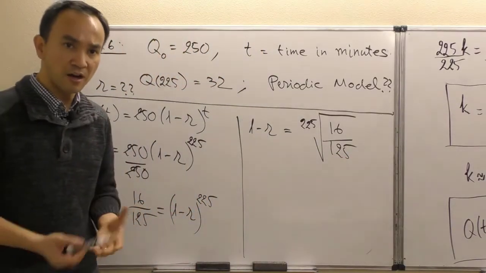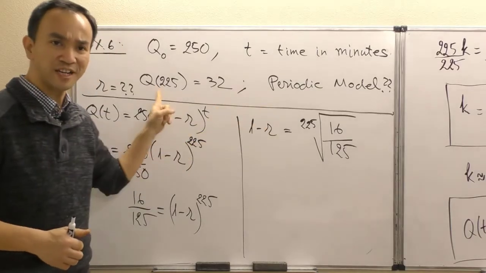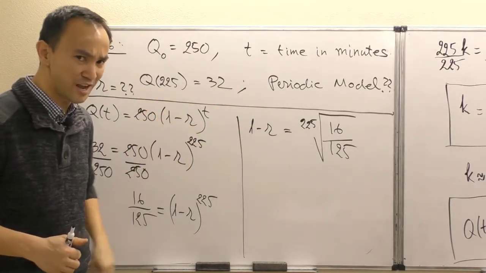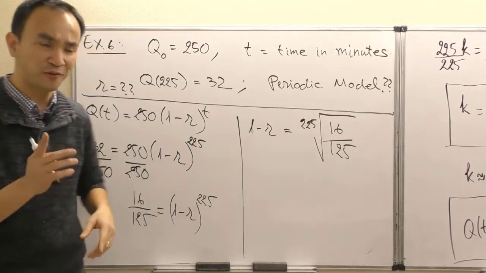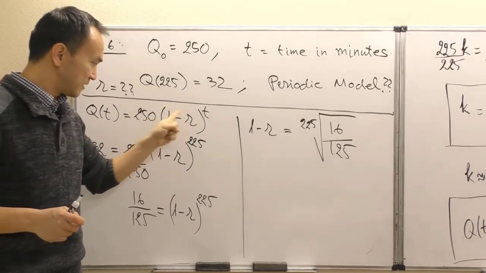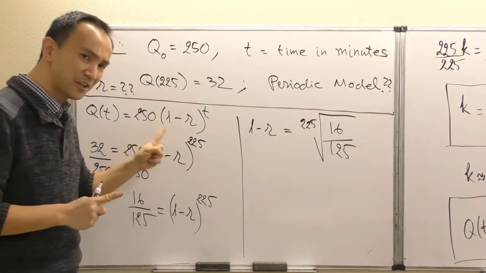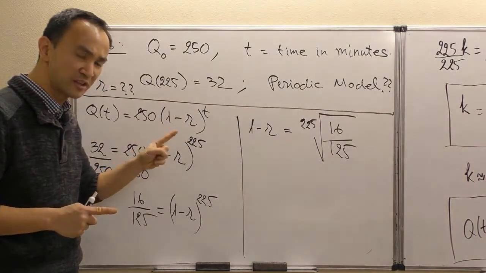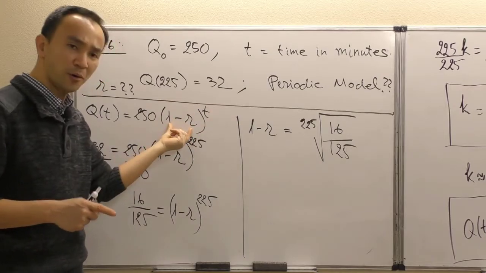Admittedly, we don't even have to go all the way down to finding r in this particular problem, because our main goal is to find the modeling function, and the modeling function using the periodic model involves 1 minus r.